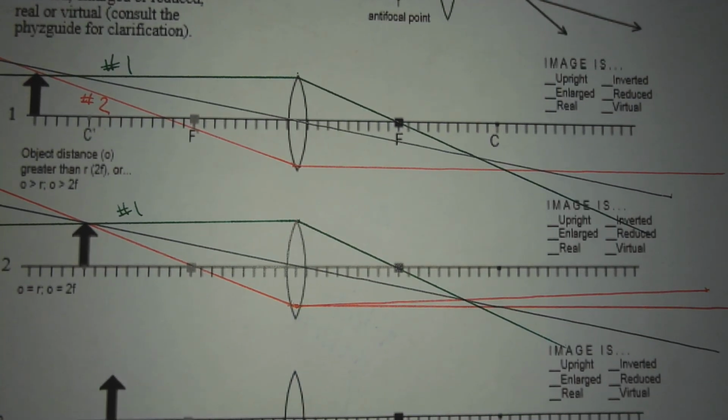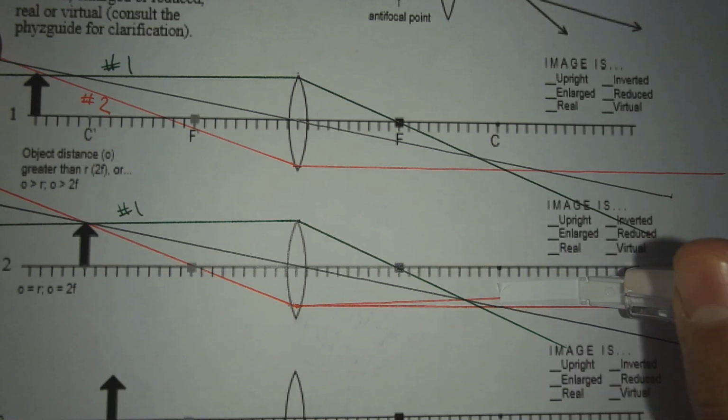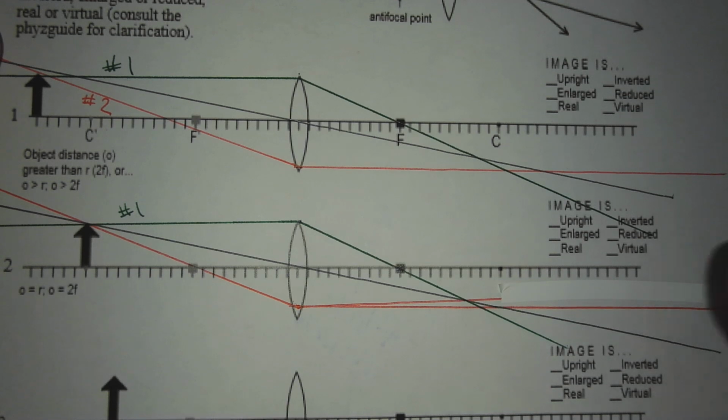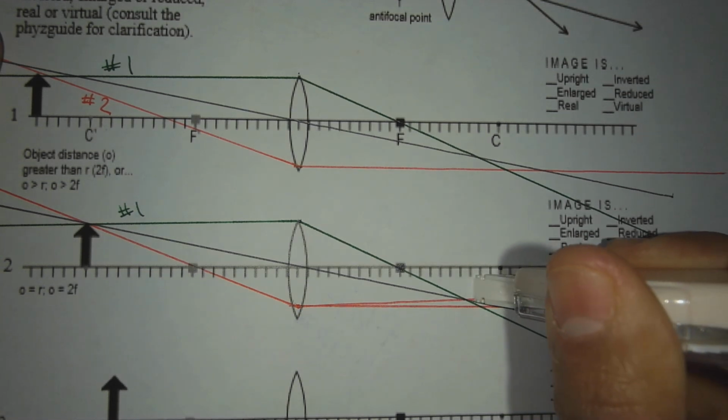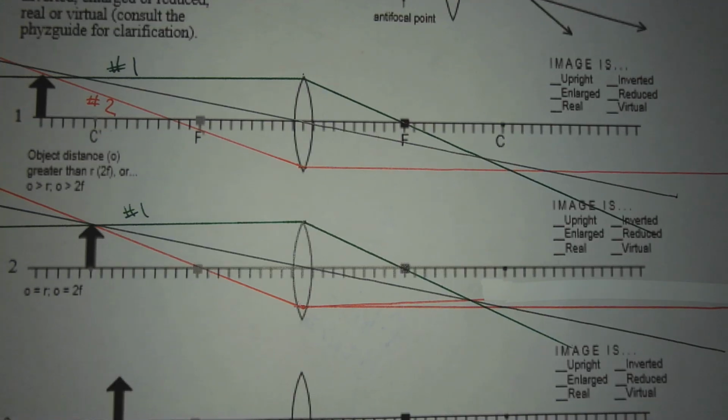That red line is a little cruddy. That's all right. There we go. That's a little better. See, I kind of went upwards. I didn't go as straight. There we go. Let's do this again.